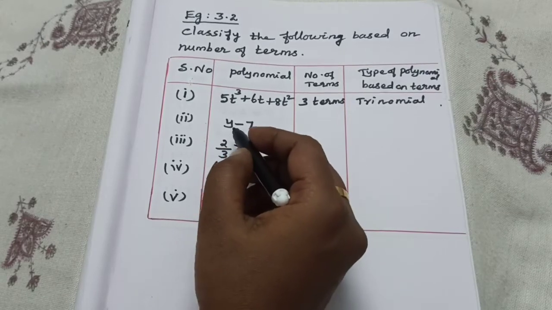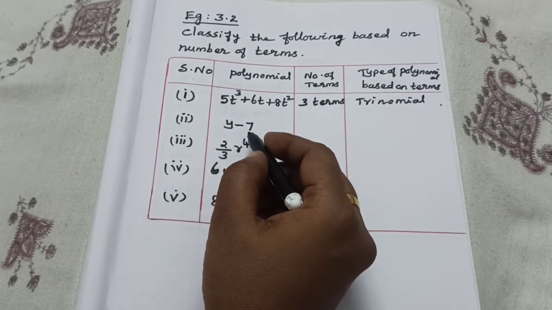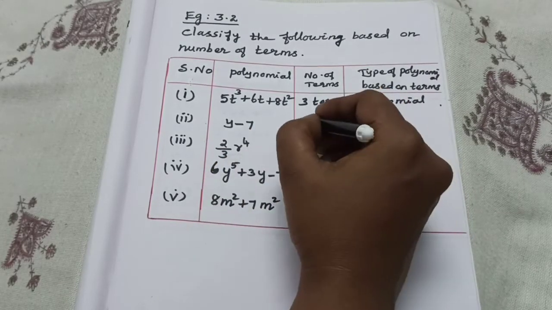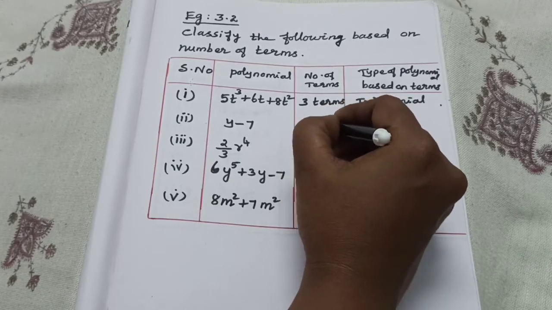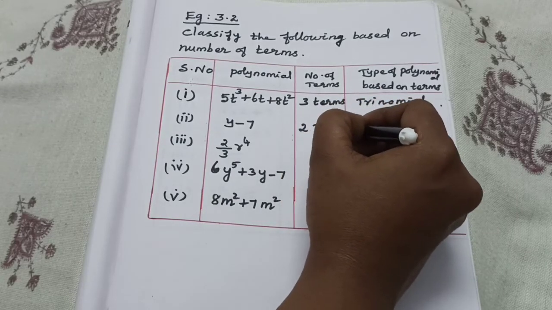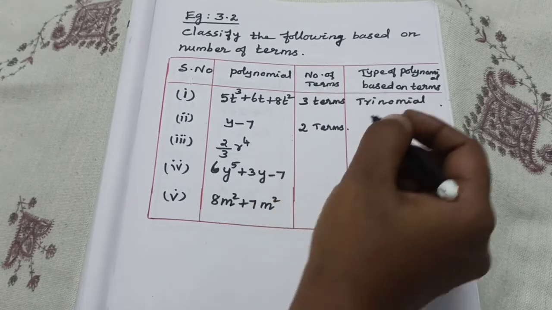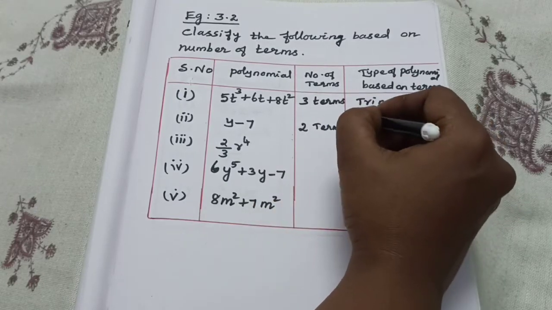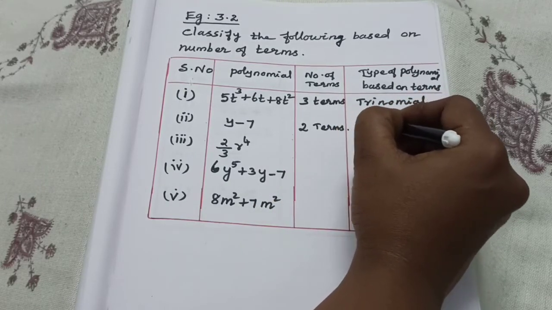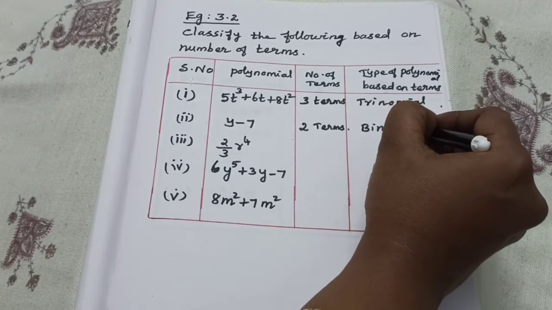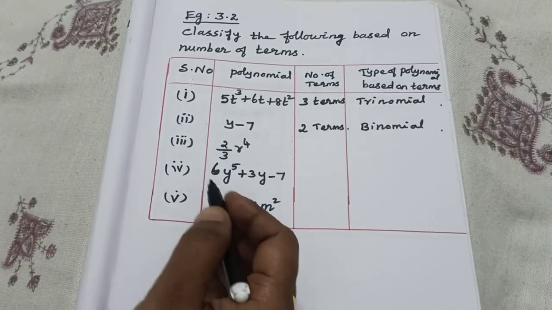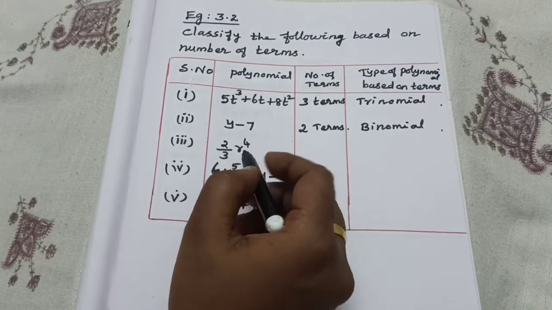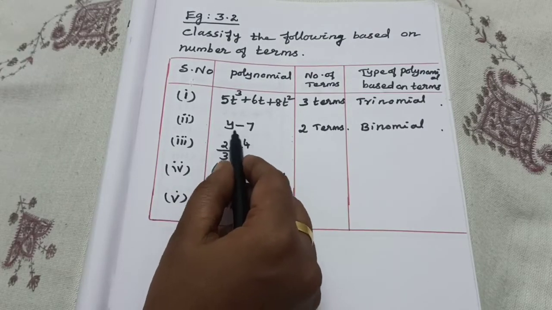Okay. Then the second one, y minus 7. How many terms? 2 terms. 2 terms means the type is what? Binomial. Very good. Then the third one, 2 by 3 r power 4.